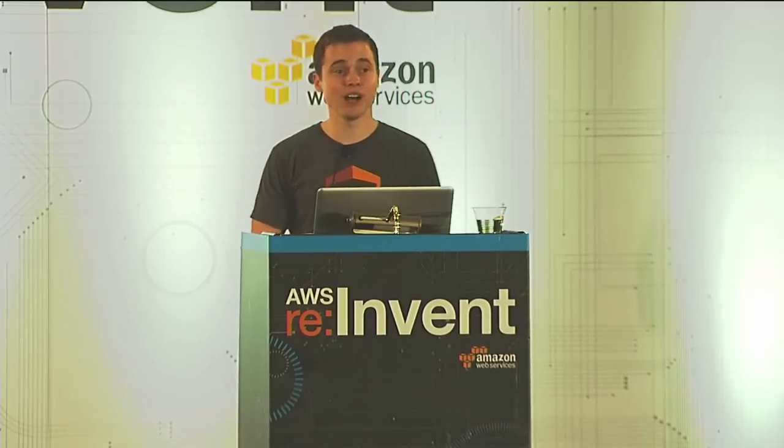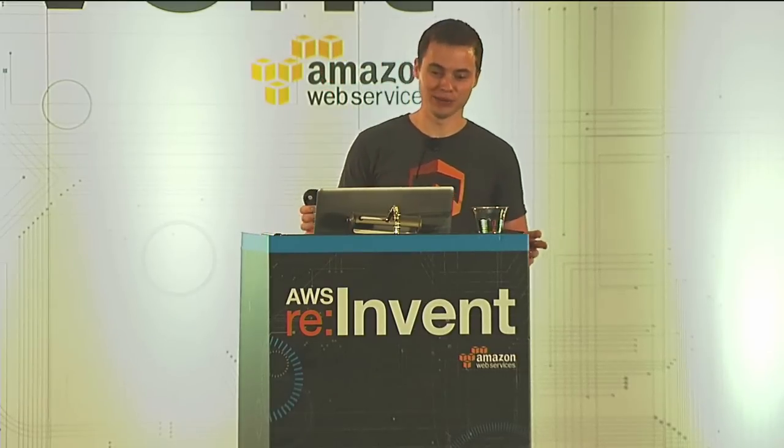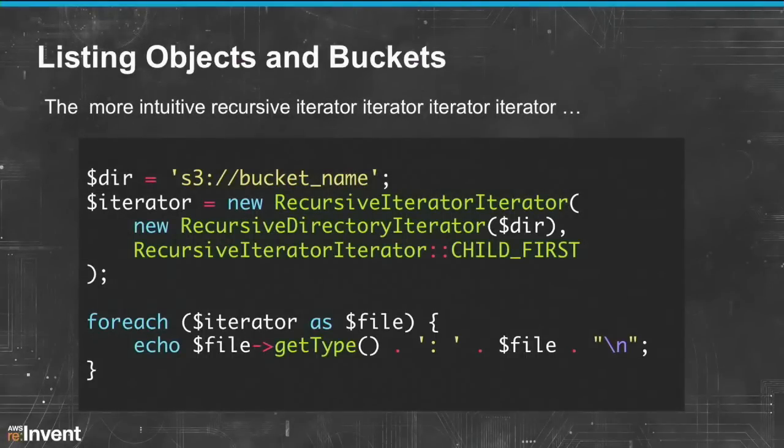PHP actually offers something much more intuitive, the recursive iterator wrapping a recursive directory iterator. It's way easier to use. But full disclosure, we did not write this, and we did not name this. This is built into PHP's standard PHP library, those iterators that Jeremy was talking about.